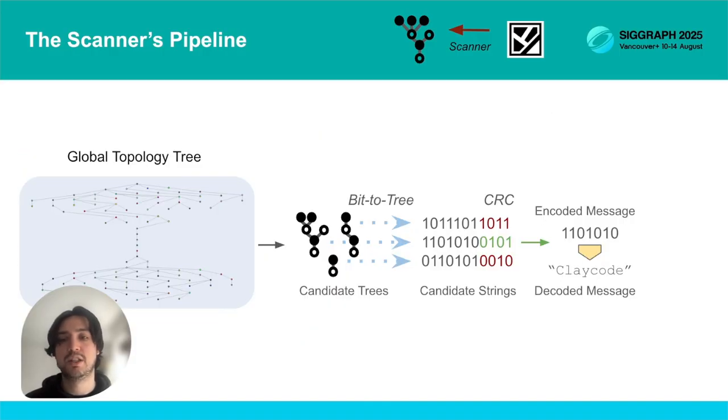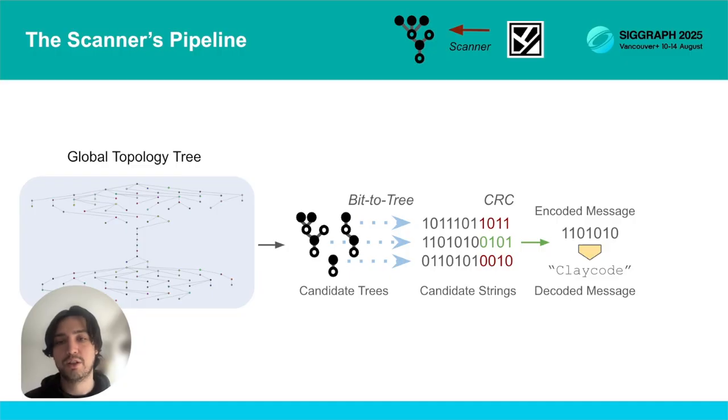What we do is we first build a list of possible candidate trees that could be Claycodes, starting from the global topology tree. Now, you might think these will be hundreds of thousands, but actually, if you use some very simple heuristics, like eliminating the trees that are too small to possibly contain a message, you actually eliminate already 99.9% of the candidates.